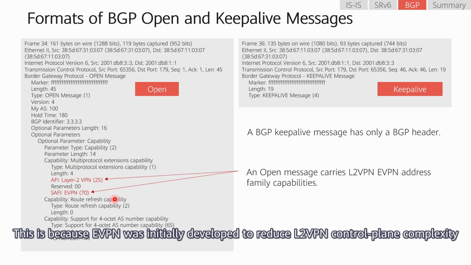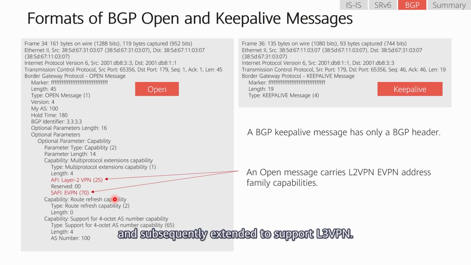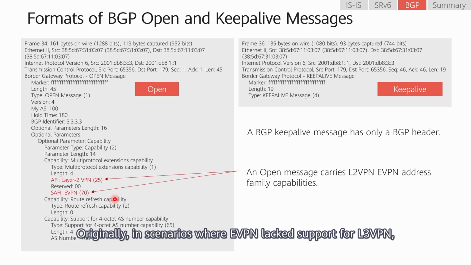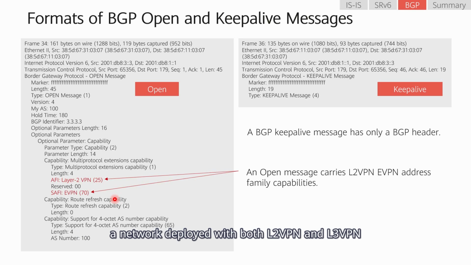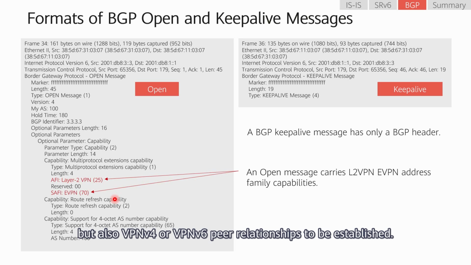This is because EVPN was initially developed to reduce L2VPN control plane complexity and subsequently extended to support L3VPN. Originally, in scenarios where EVPN lacked support for L3VPN, a network deployed with both L2VPN and L3VPN required not only L2VPN peer relationships, but also VPNv4 or VPNv6 peer relationships to be established.